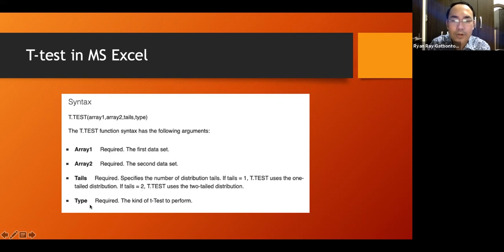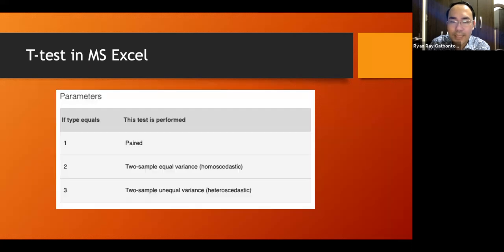And the type will also be required for the kind of t-test that you will perform, because there are two major types of t-test. Okay, one that is paired, and a two-sample equal variance test.